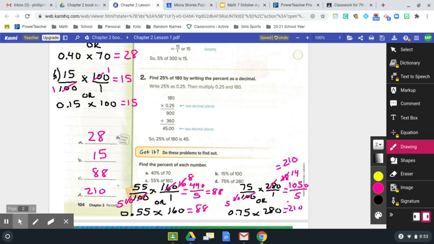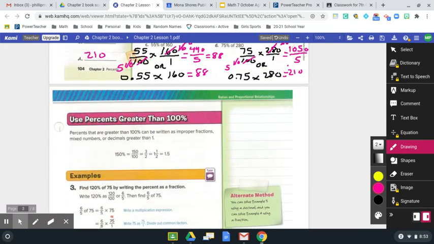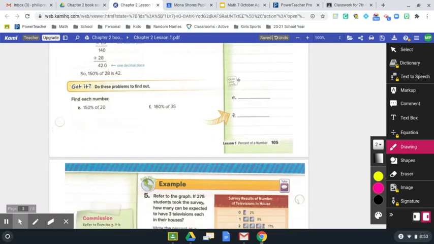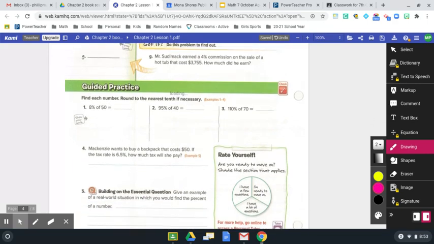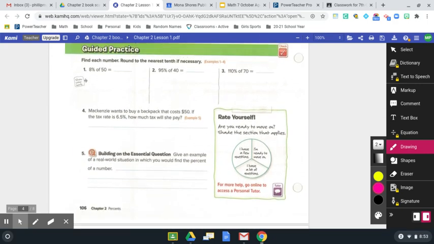So now that I've gone through 4 and I've shown you 2 methods on those, what I'm going to have you try for the end of the lesson today is go to guided practice. On page 106, I'm going to have you try right now number 1, number 2, and then I want you to think about number 5 down here.